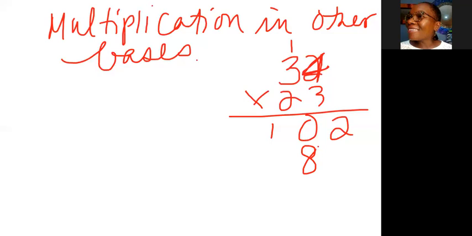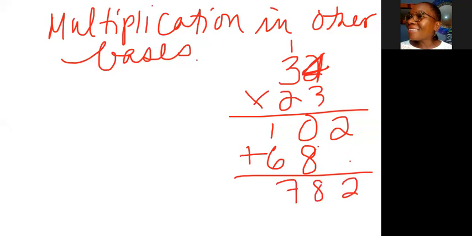I know a lot of elementary ed teachers will put a 0 here. That is wrong. That is so wrong on so many levels, people. Please don't do that if you're an elementary ed major. If you put that 0 there, you're creating a brand new number, okay? Show the staggering in the multiplication, all right? And then 2 times 3 gives you 6. And what do you do after that? You add. So you bring down your 2, 0 plus 8 is 8, 1 plus 6 is 7.